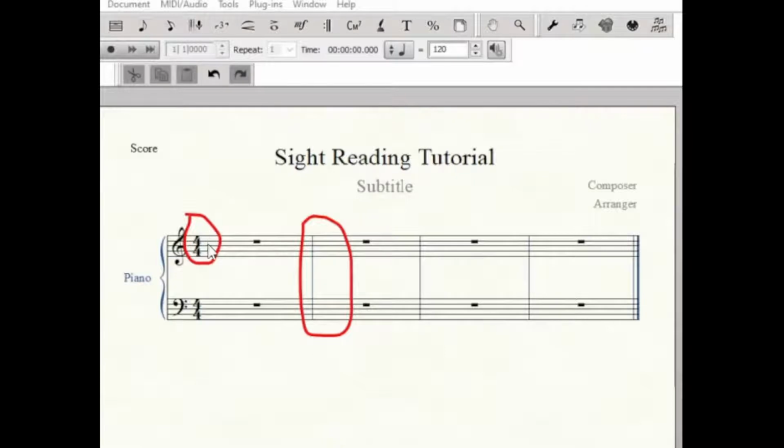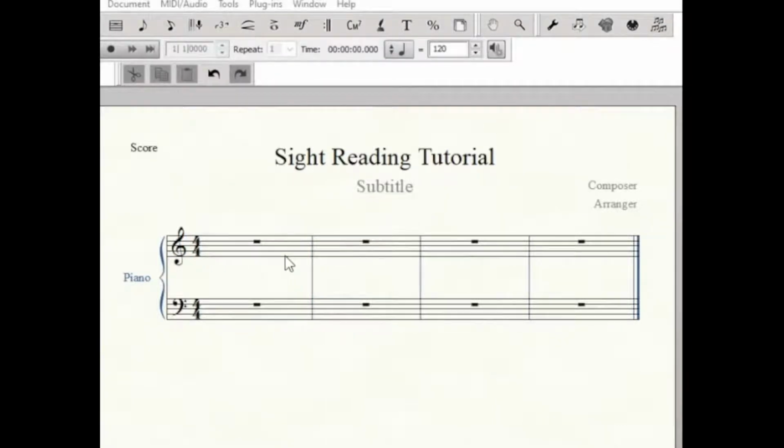In a lot of music, 4/4 time is very common: rock and roll, blues, classical music, jazz, but there are other meters other than 4/4. But for right now, we'll just stick with 4/4.